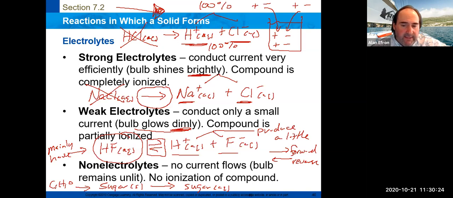If it was a weak electrolyte, you would expect it to stay together pretty much, with maybe a couple of ions floating around. So in a weak electrolyte, it's really mostly staying together, but a few ions are coming apart.